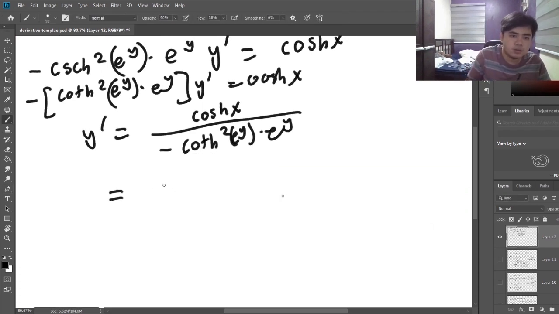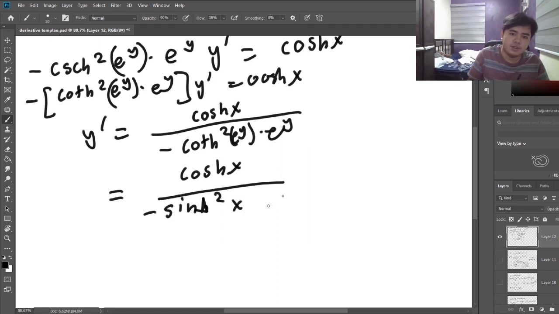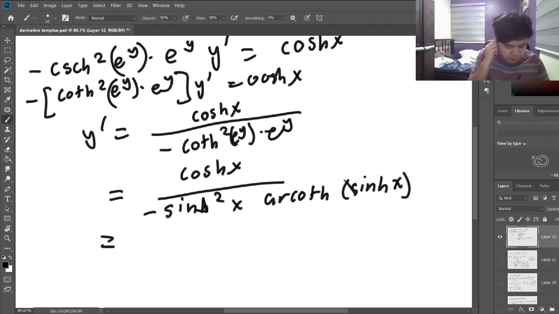So it's equal to cosh of x over negative sinh squared of x, then e to the y is the inverse hyperbolic cotangent of sinh of x. Let's simplify this even further.